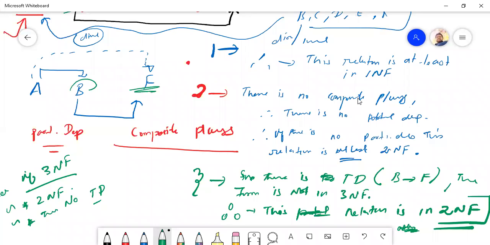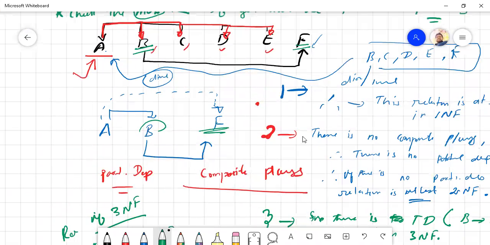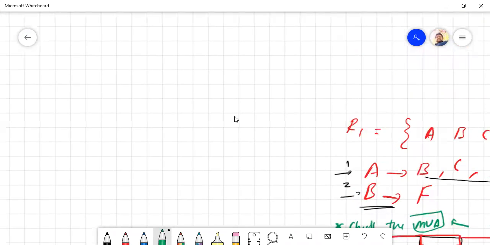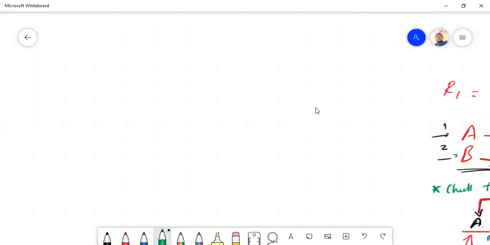So my relation is in second normal form. Now it is damn clear. So in your exam paper, definitely you will find questions like this.